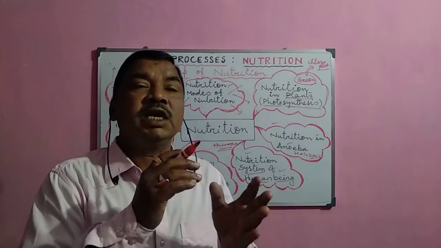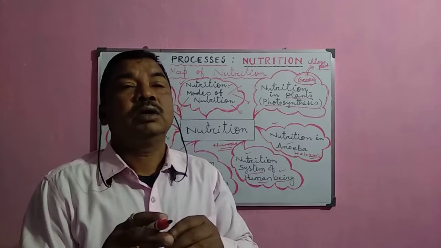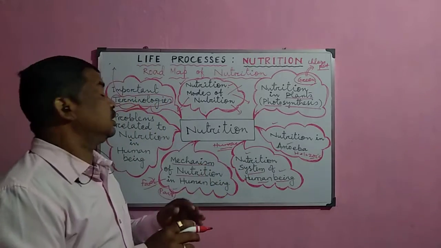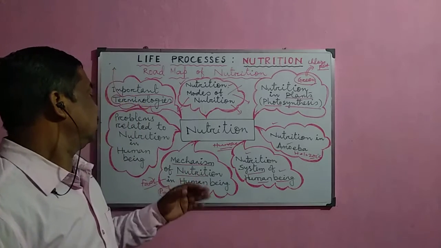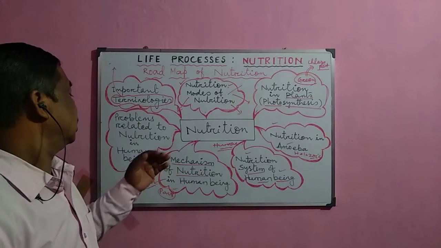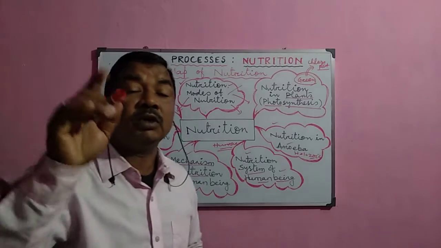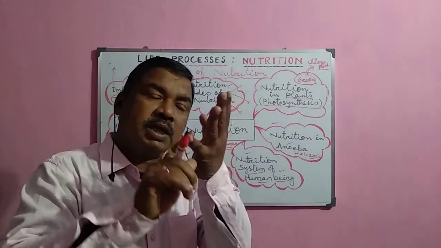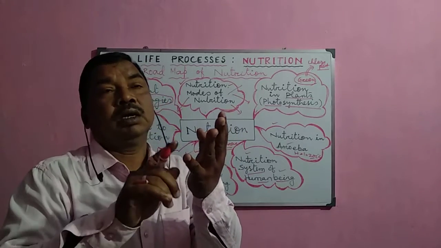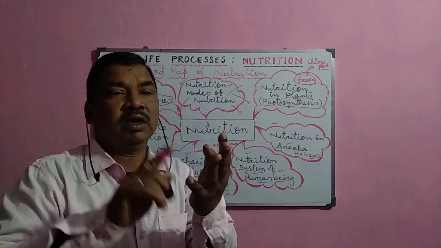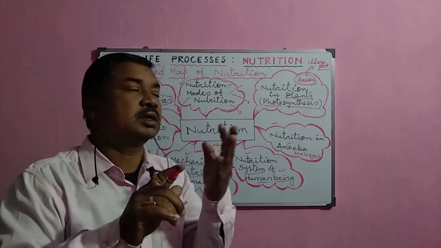After that, the next part, that is the jejunum and ileum, where the digested food materials are absorbed and transported to the different parts of the body. So that is why here we shall discuss in detail the mechanism of digestion of carbohydrate, the digestion of proteins, how they are digested in the stomach and other parts, and the fat. So these are the three important nutrients which are to be digested there.